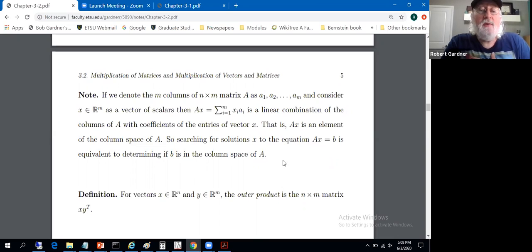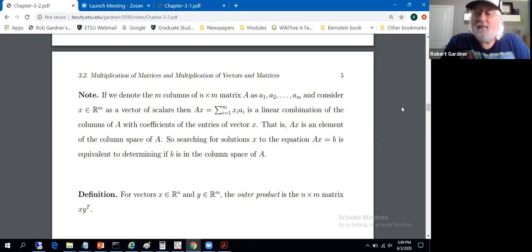Solving that is equivalent to determining whether vector b is in the column space of A, determining whether vector b is a linear combination of the columns of A. Are you going to have a solution to this? Well, yeah, if b is in the column space of A, you will. If b isn't in the column space of A, then you won't. So these solving systems of equations type questions can be translated into questions about column spaces.